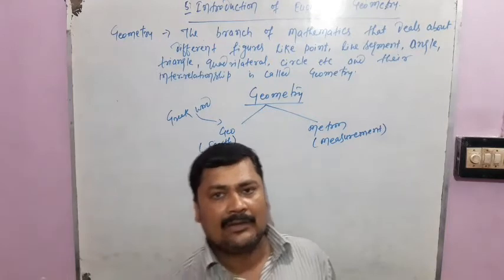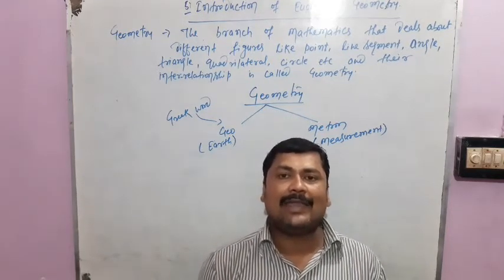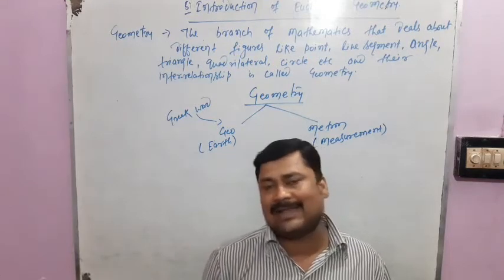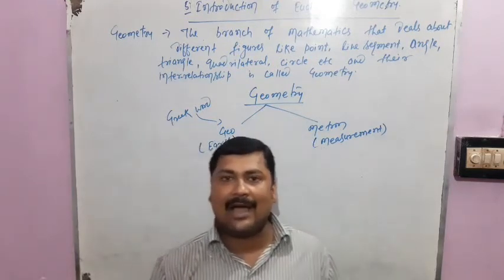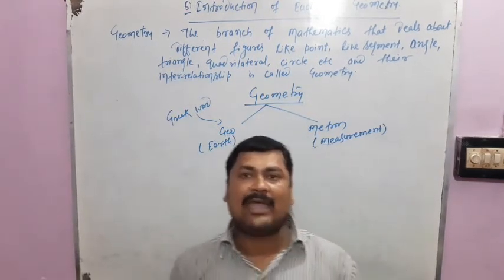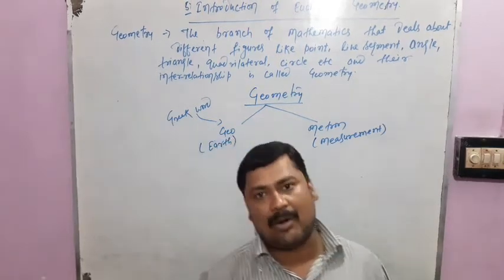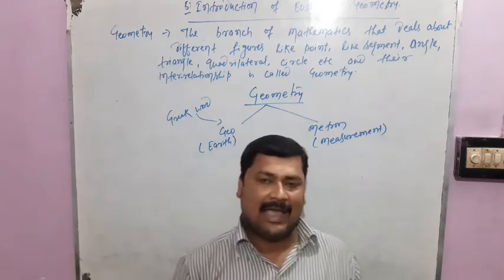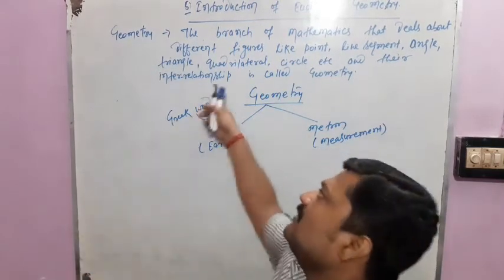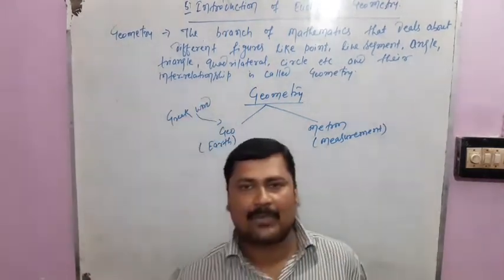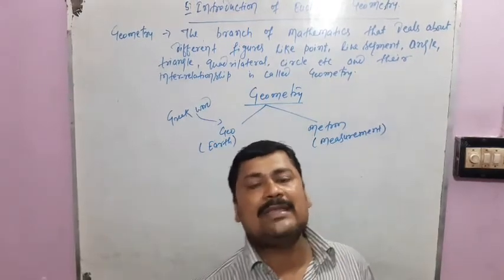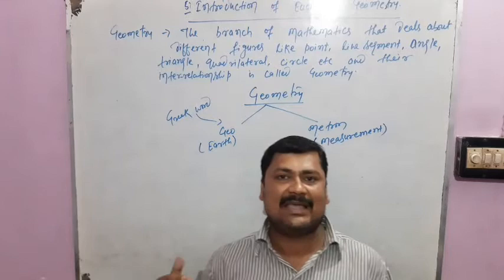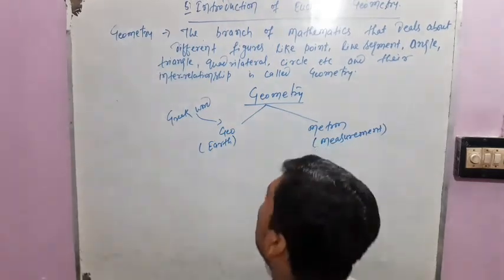Now the farmers again had to redraw their boundaries. So they thought that if they had no idea how to measure the land, then how could they fix their boundary? For that, they started measuring the lands, and from there this branch of mathematics originated.